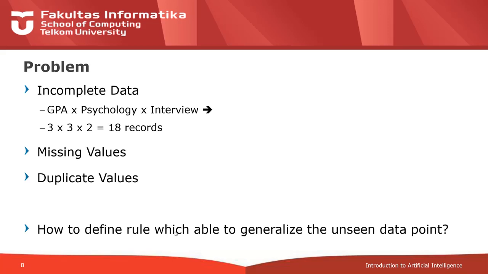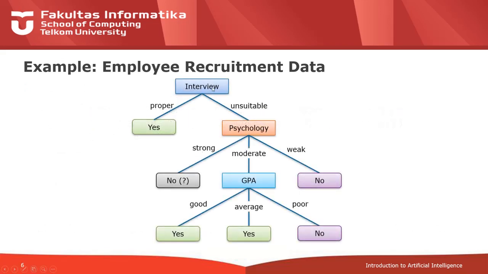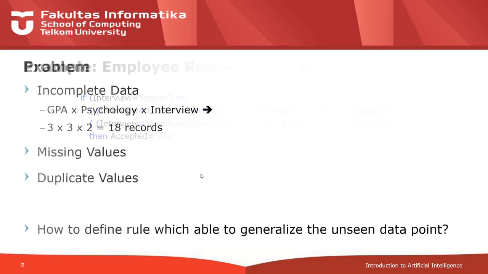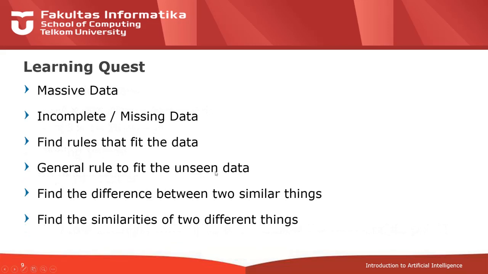For example, even if the interview is unsuitable and psychology is strong, then the algorithm should be able to decide whether the applicant is accepted or rejected. So these are the goals that need to be fulfilled by the learning algorithm for decision tree.